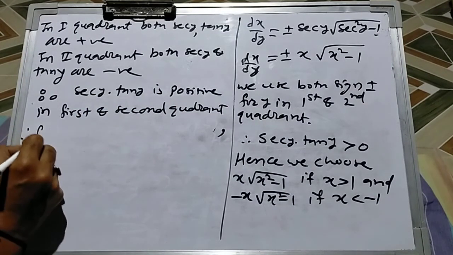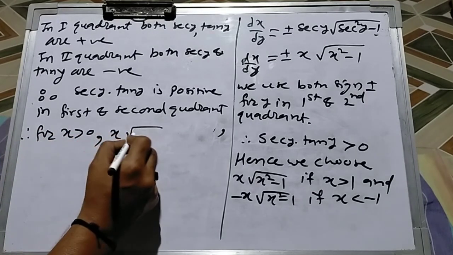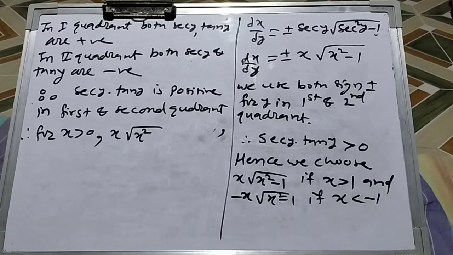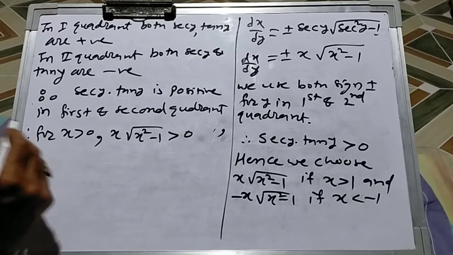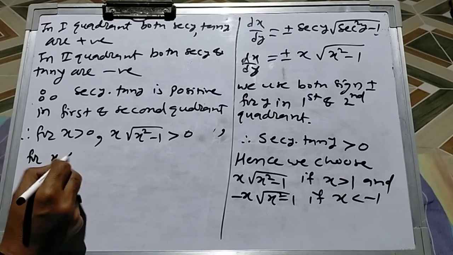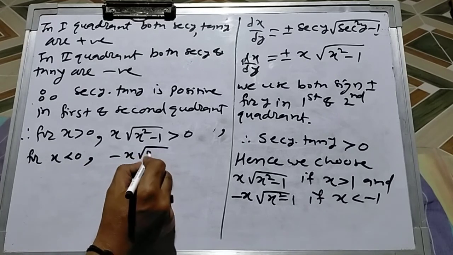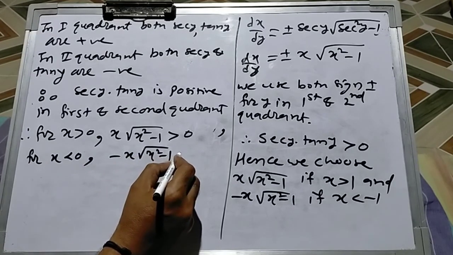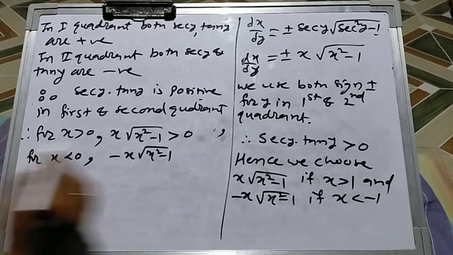So therefore for x > 0, x√(x² - 1) is greater than 0, and for x < 0, -x√(x² - 1) is greater than 0.